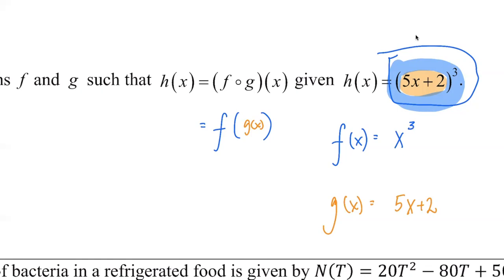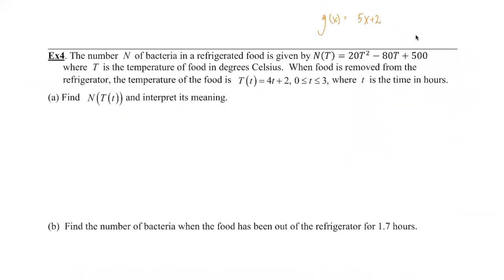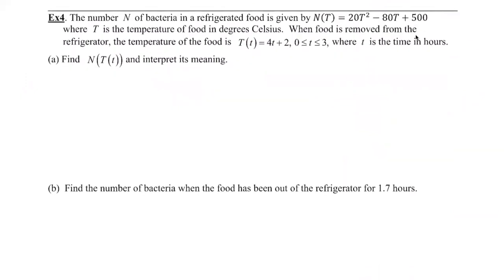So that's how we can see this fairly easily. The inner function is 5x plus 2, that's g, and the outer function is x cubed. Again, I promise you, you will see a lot of this in calculus, so make sure you have this proficiency to tell the inner function and outer function. All right, let's move ahead to the final example.